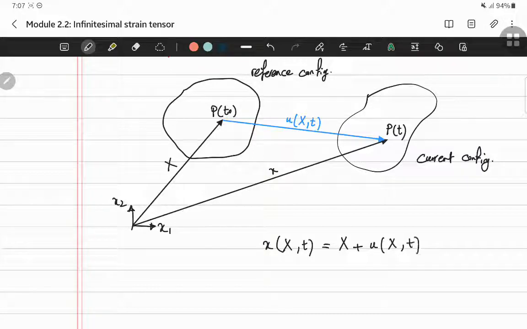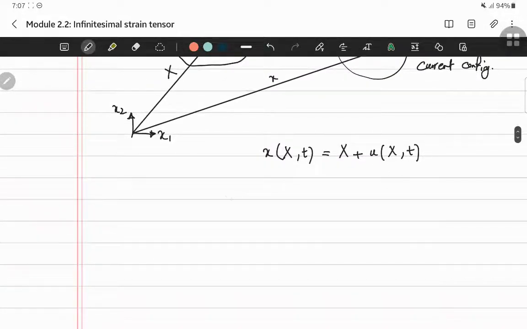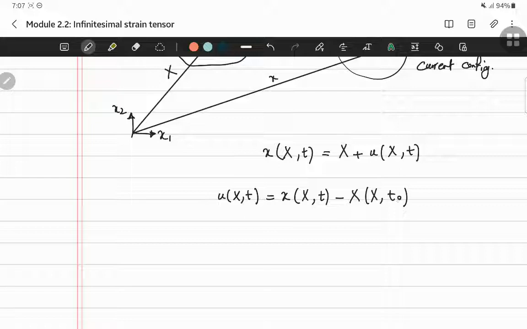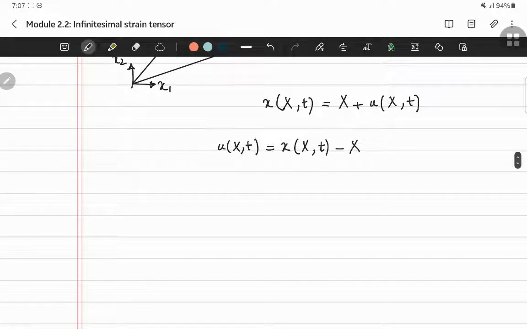of X and t. Therefore, you can simply write u of capital X and t is equal to small x, which is a function of capital X and t, minus capital X, which is basically the function of capital X and t0, but we simply just write capital X in here. So this is basically in material coordinate.